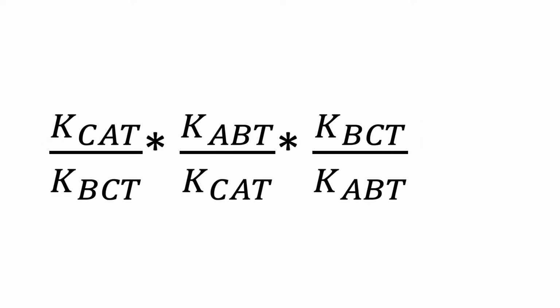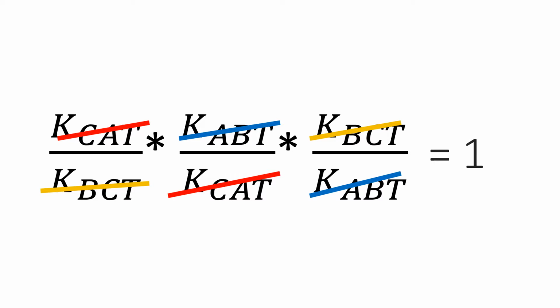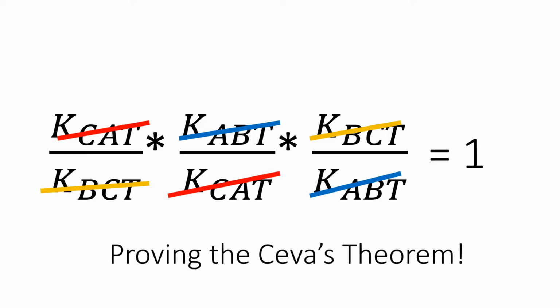Then we notice that we can cancel all terms out. And it gives us 1, proving Ceva's theorem.